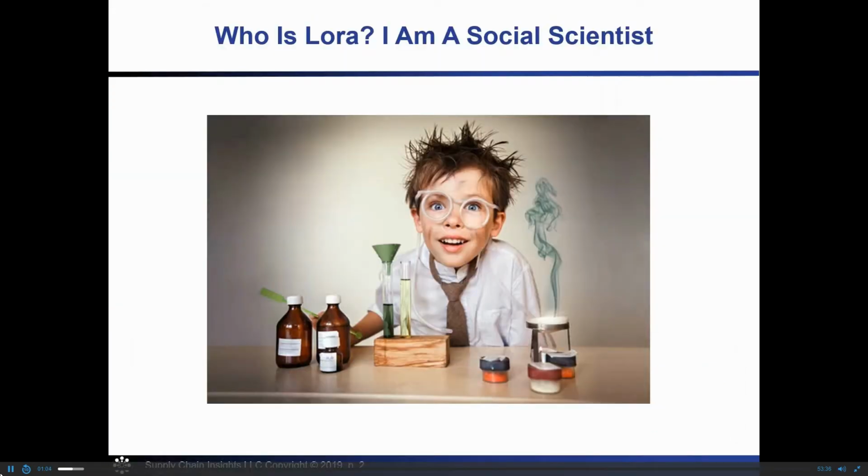When I go around the world and talk, people say, Lora, who are you? And I'm a social scientist. I'm a little bit as goofy as this picture. I do research, and I'll share some of the research today, and I help business leaders to think of the questions that I think they should ask. Whereas the consultants will basically tell people what they should buy and solutions that they should select.